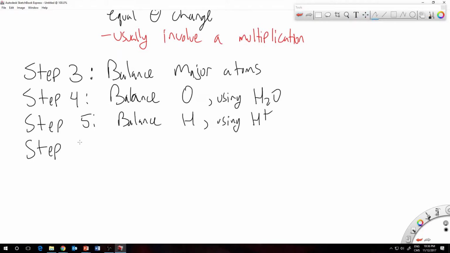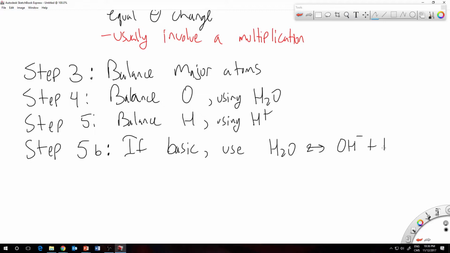And then finally, step 5b, if basic, use the water equilibrium, or the other equation, depending on how your equation works out.